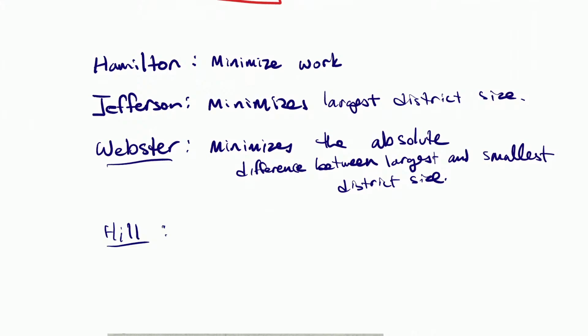So that's Hill's method. But what Hill's method does is it actually minimizes the relative difference between the largest and smallest district size. And I know it feels like that's the same thing, but it isn't.